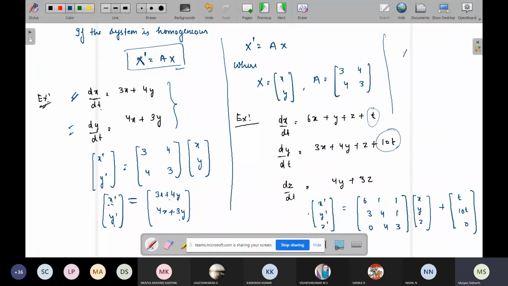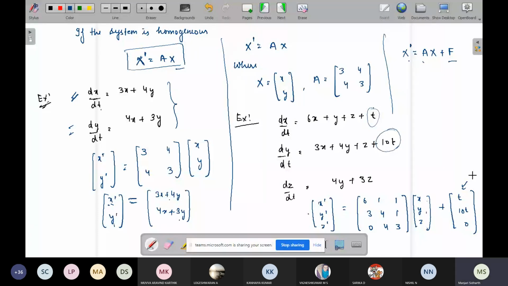That means this is x dash is equal to ax plus f form, where x is the column matrix x, y, z, a is the coefficient matrix, and f is the column matrix of functions. Okay, so this is the system of differential equations.